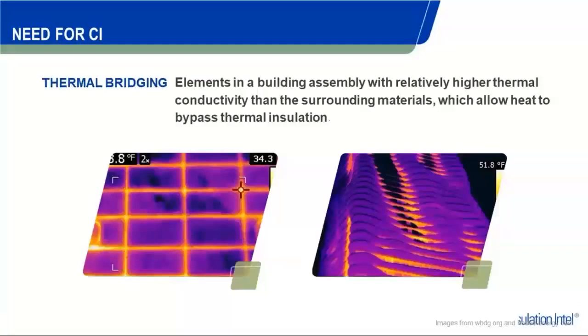There's really not a definition from a code or ASHRAE officially, but we can use this definition to get an understanding of what thermal bridging really means. It's elements in the building assembly with relatively higher thermal conductivity than the surrounding materials, which allow heat to bypass the thermal insulation.